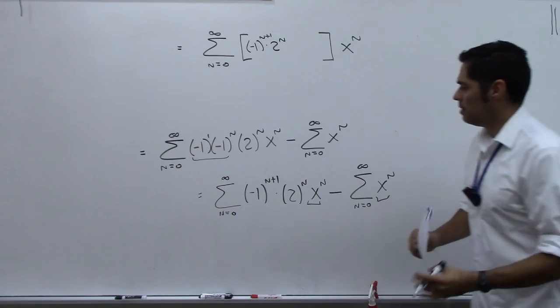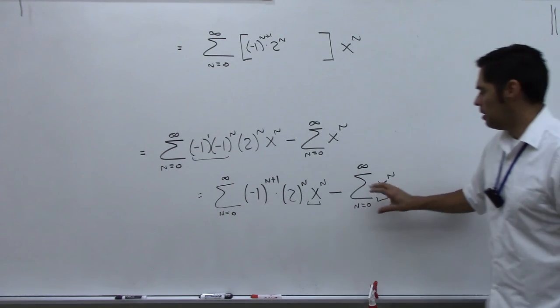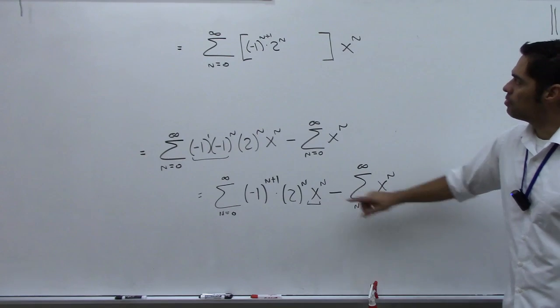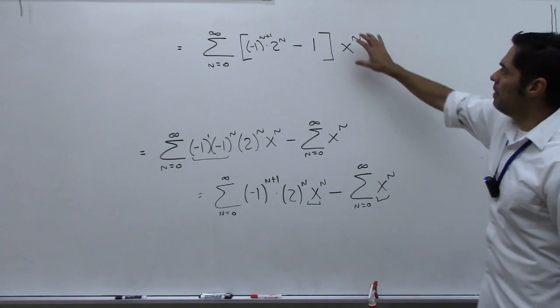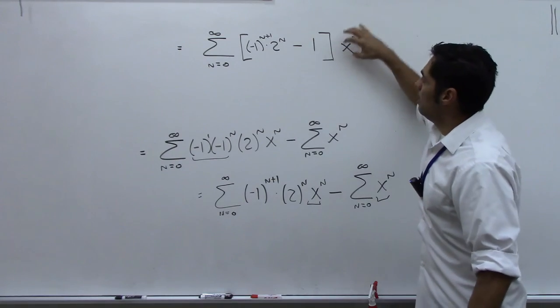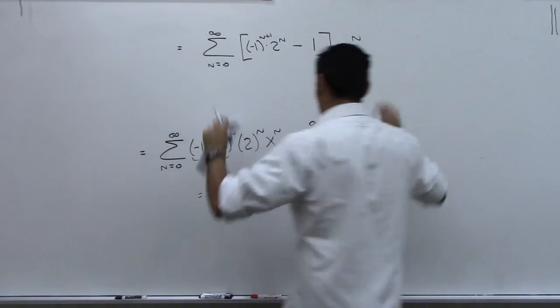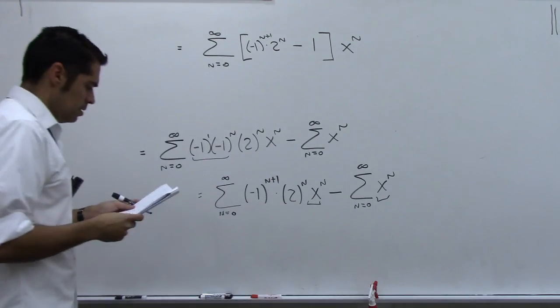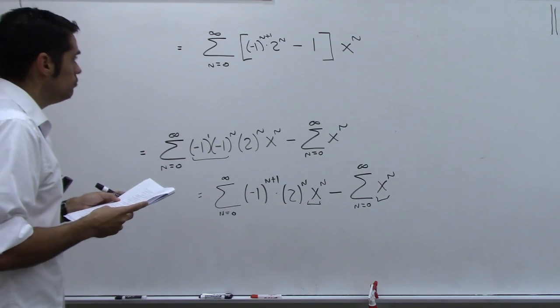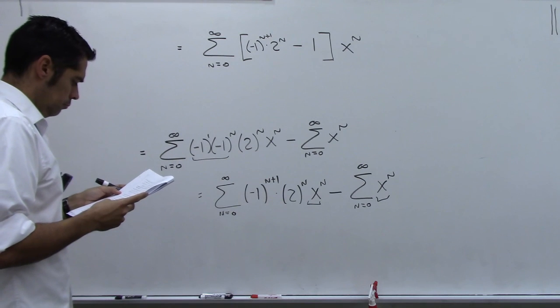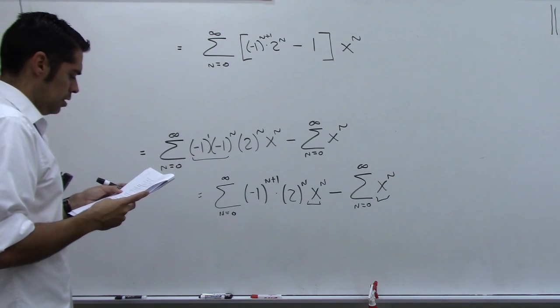That's what was in front over here. And then over here, there's a 1, but then it's subtracted, so I need -1. So you can see now that if I distribute this here and here, and then split it into two sums, I get these two. So that should be it. Good enough.